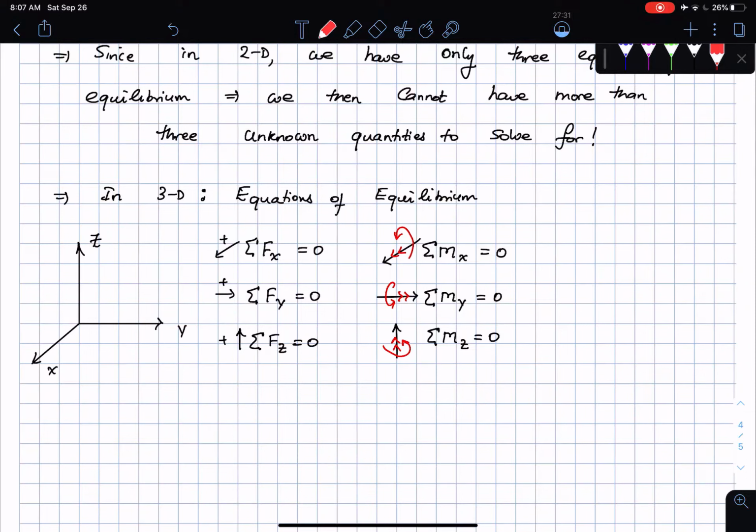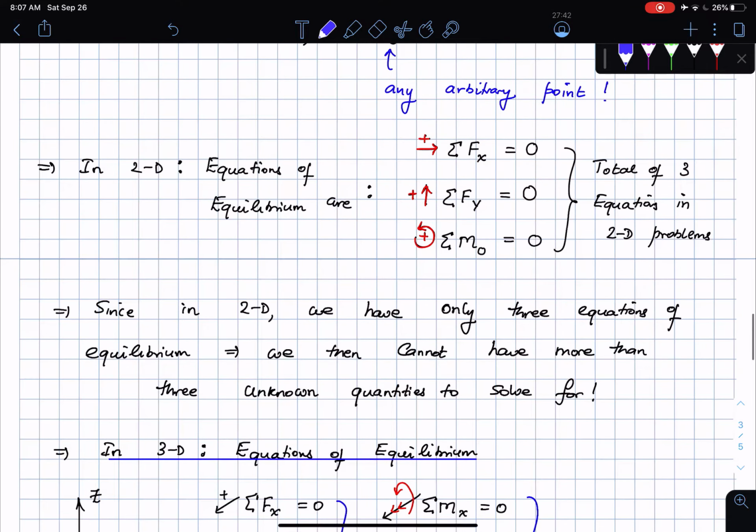So in 3D I have 6 equations. These are the equations of equilibrium in 3D. This was in 2D, the equations of equilibrium, as we have just written there.